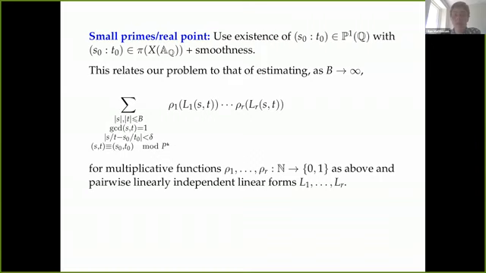And we introduce a congruence condition that takes care of the point ST being sufficiently close to S0, T0 in the p-adic distances at all primes that have to be taken care of here. And then we sum over the indicator function that comes from the previous slide.